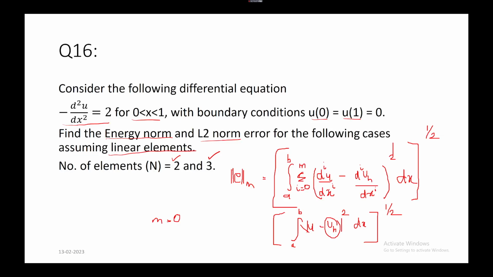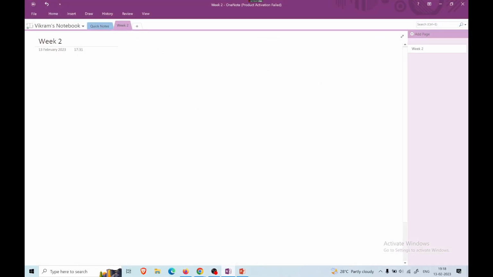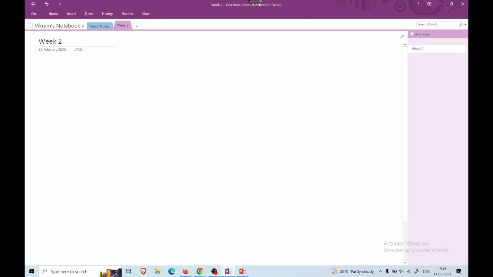So instead of this, I am going to go for this note so that it will be easier for me to solve. Are you able to see the note? Yes, sir. Okay. So again, first we'll try to solve the exact solution.